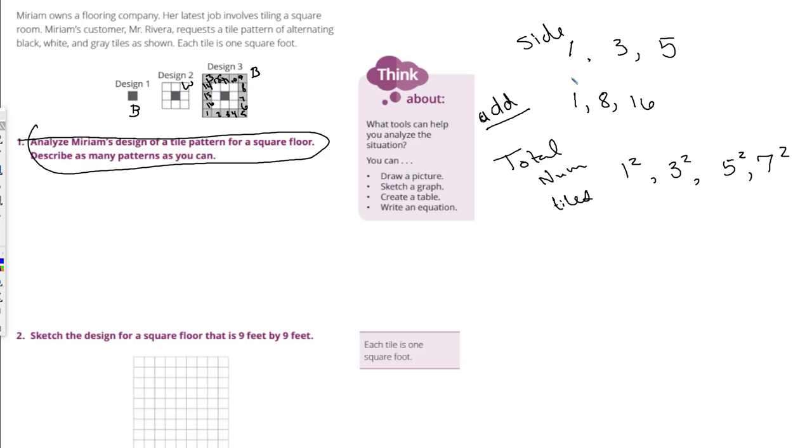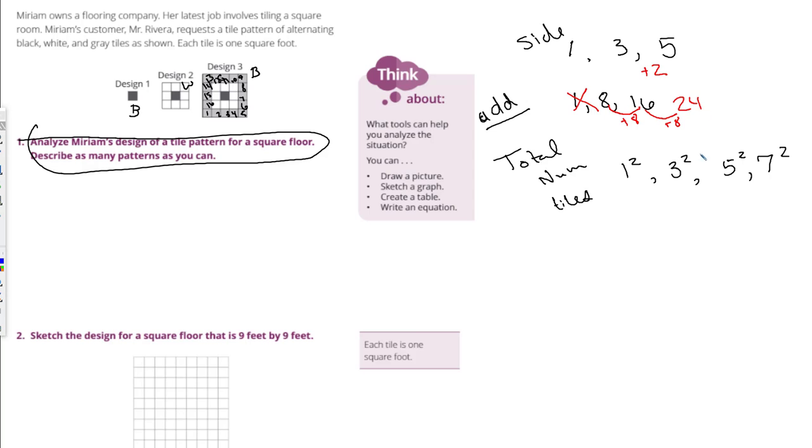one of these patterns. So for the sides, we're just counting up the odd numbers. So we're basically adding 2 each time. And ignore the first one because that's not really going to be part of the pattern. So we add 8. We're going to add 8 each time.